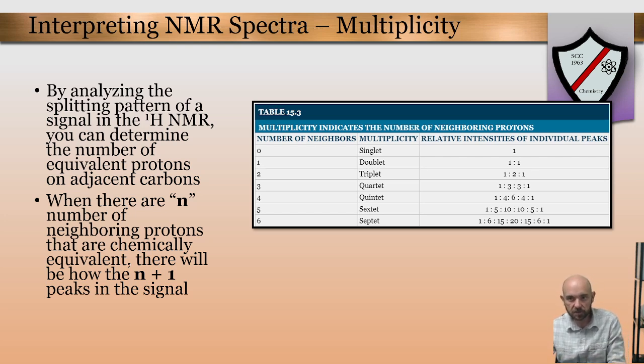So you can see, when we have different numbers of neighbors, how many different peaks we will see, and the relative intensities of those peaks are given as well. Generally you see a rise and then a fall, a little bit of a triangle to the intensity of these peaks.